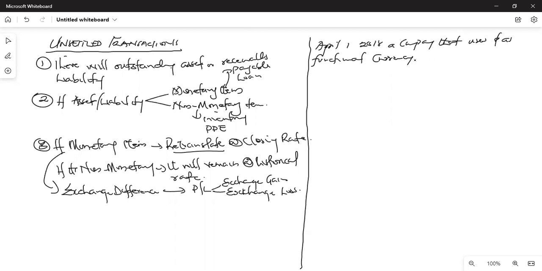All right. And that company buys goods from an overseas company who uses, let's say, the chromate that we use, as functional currency.